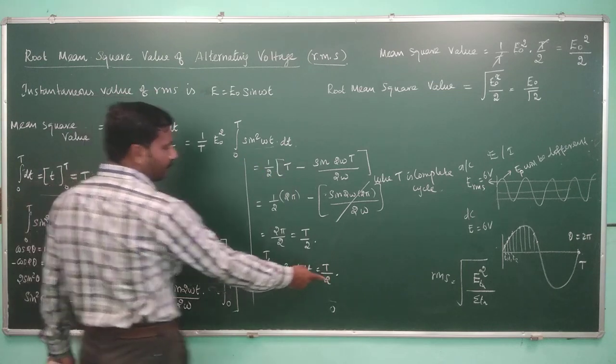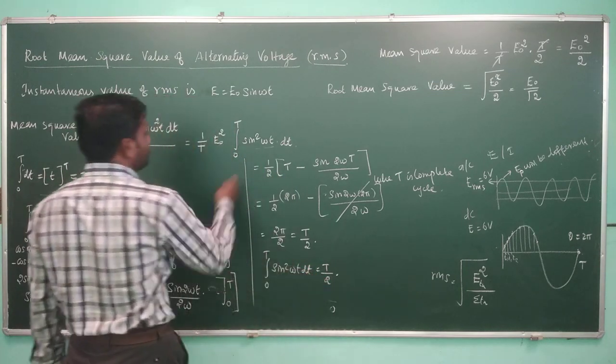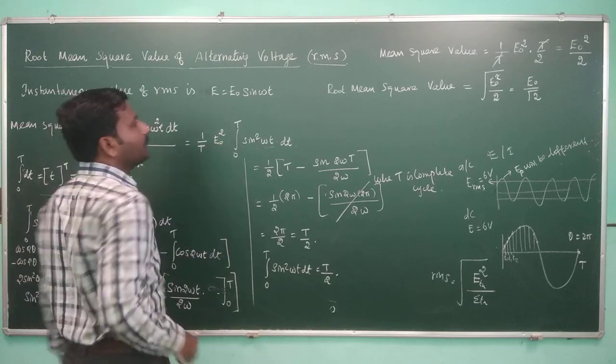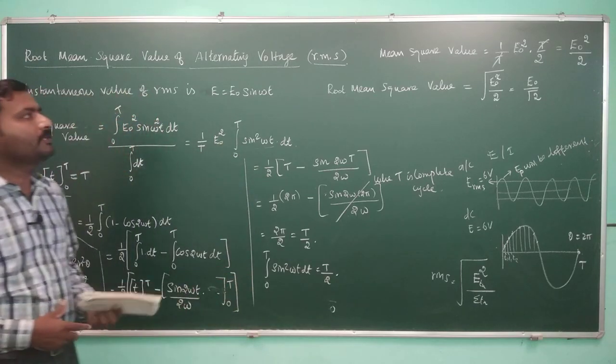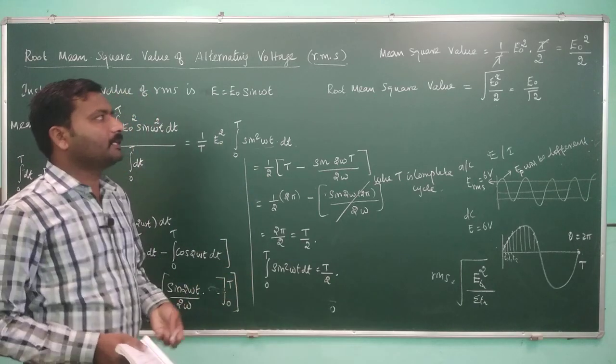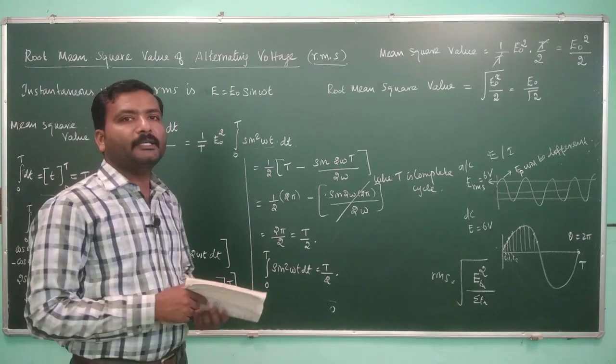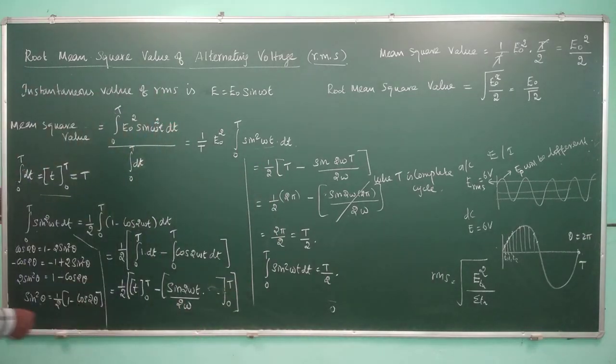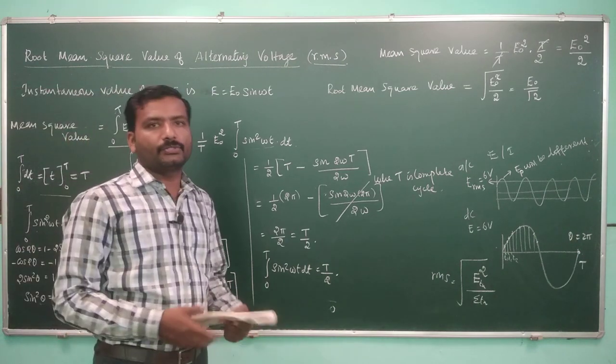For that we ended up with T by 2. Substituting this T by 2 here, we end up with the mean square value as E naught square by 2, and if we take the square root of that, we get E naught by root 2. So this is the root mean square value of the alternating voltage.